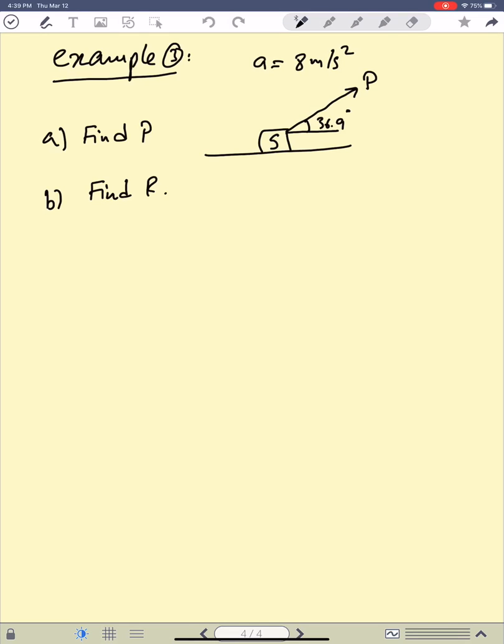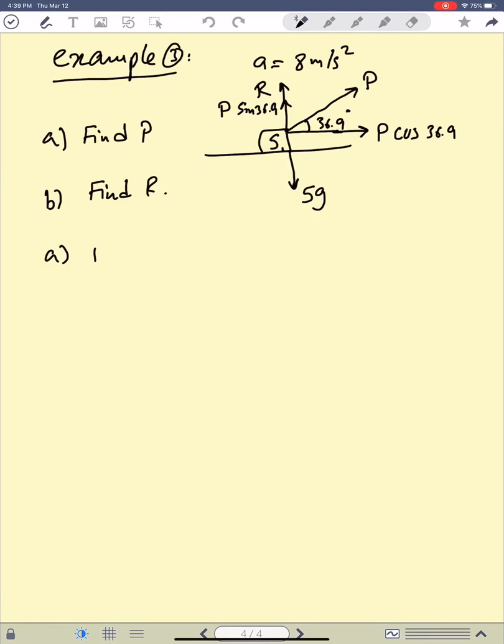Okay, since the angle is here, this is the adjacent one, this is the opposite one. So this is P cosine 36.9, this is P sine 36.9, and we have R, and we have 5g, the weight due to gravity.